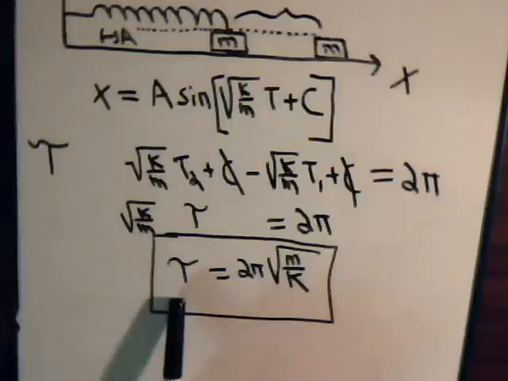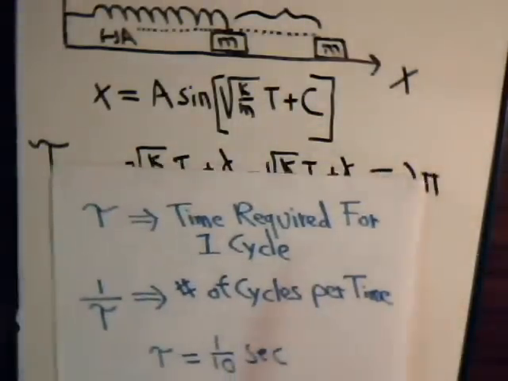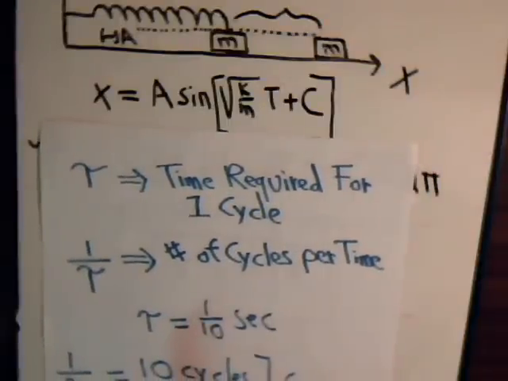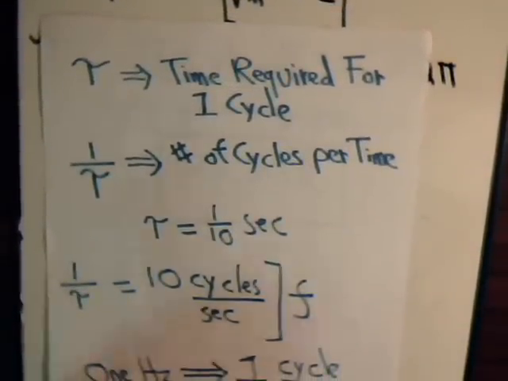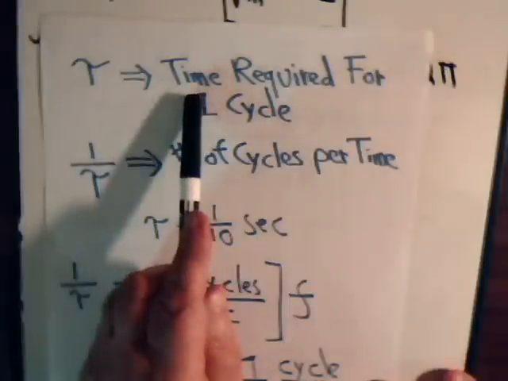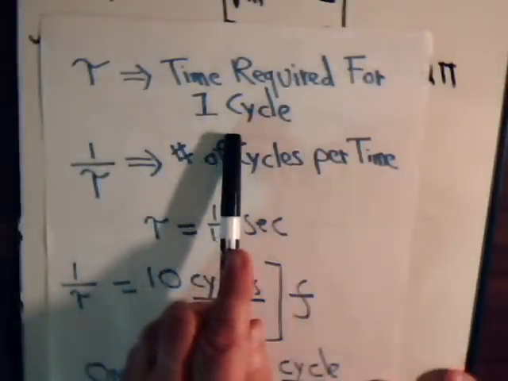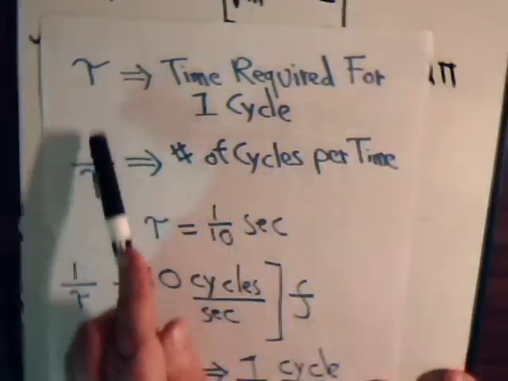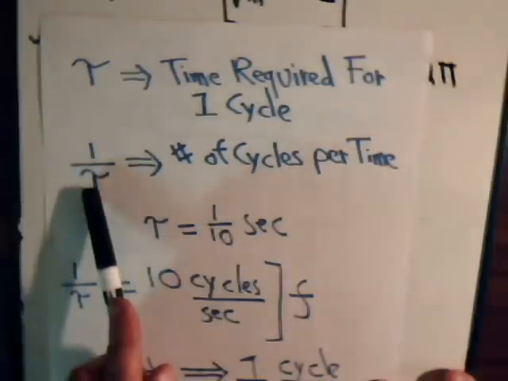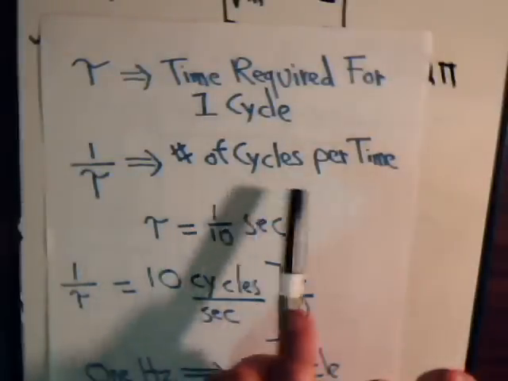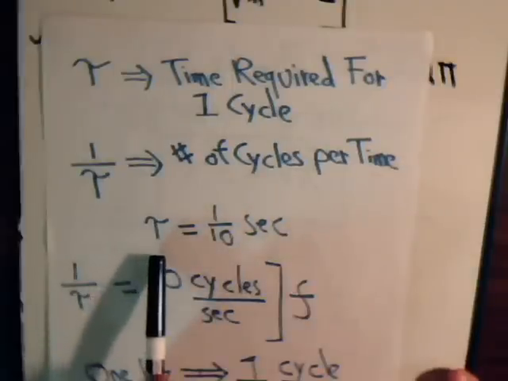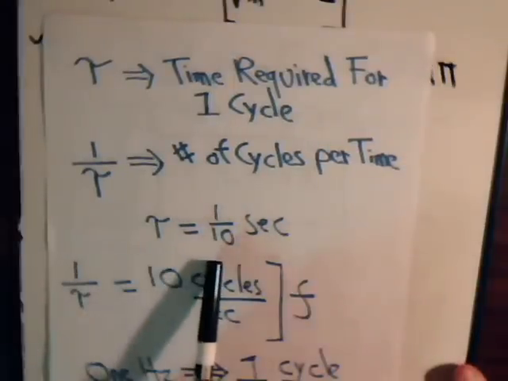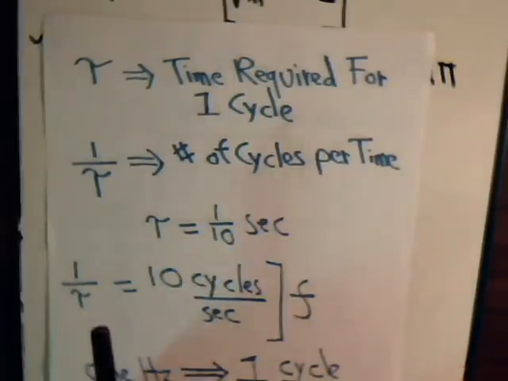Now, let's talk about this a little bit more, the period, tau. We say that, by definition, it's the time that's required to complete one cycle. So if we take the reciprocal of this, that would be the number of cycles per time. For example, suppose we say we have a system where tau equals 1/10 of a second.